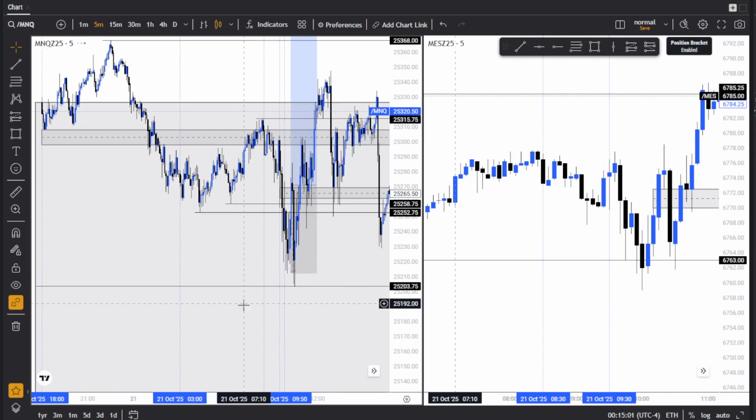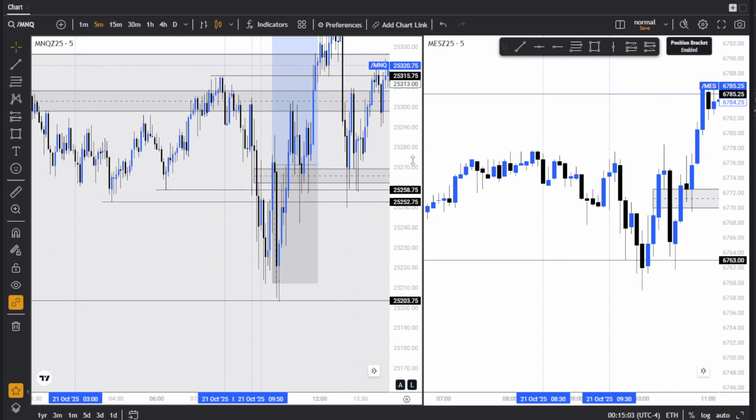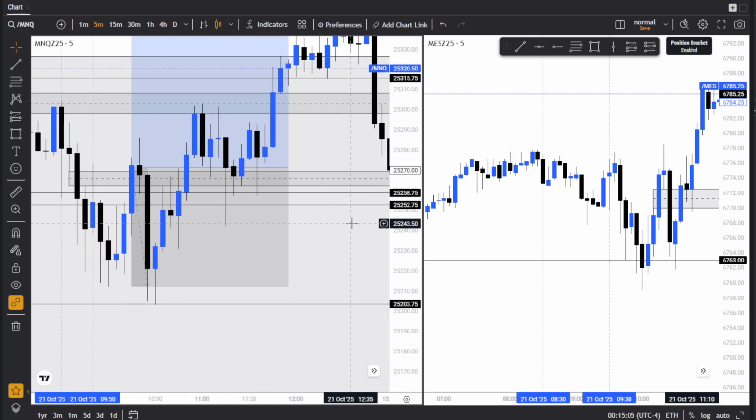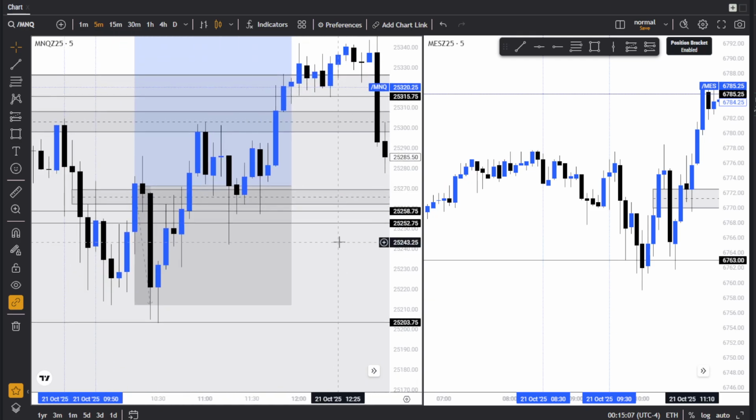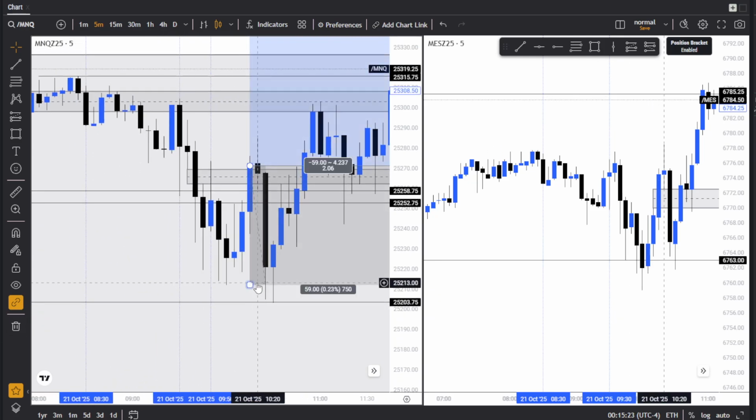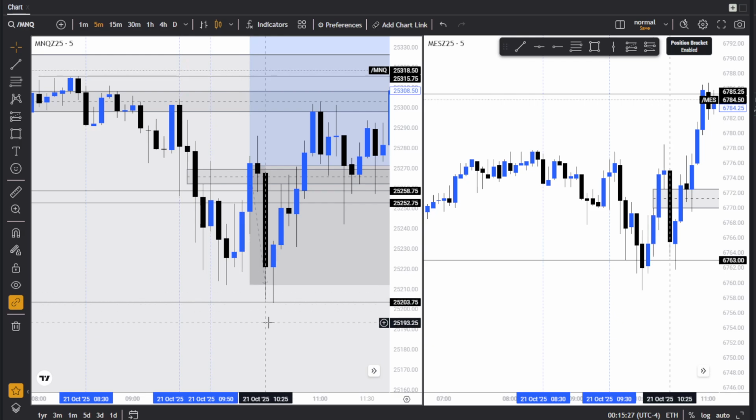And equilibrium, or 50%, the halfway point of gaps, is usually where, especially on the high time frame, price really likes to retrace to. Okay, the higher the time frame, the more it wants to retrace to that point. Now I saw right here that we were close to it. Okay, but we didn't quite hit it. I thought it was good enough, which honestly, a lot of times it is.